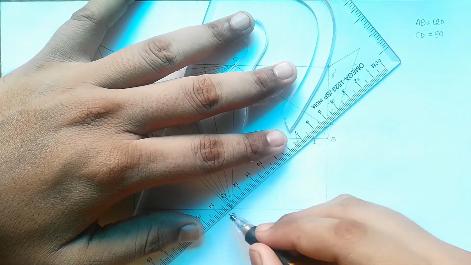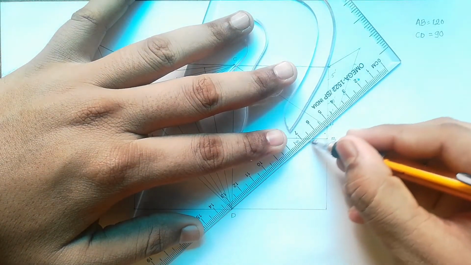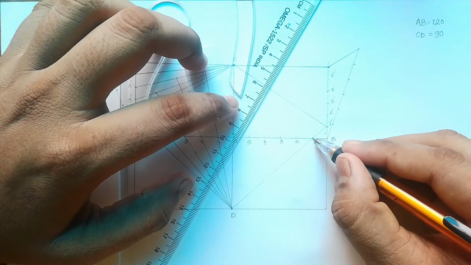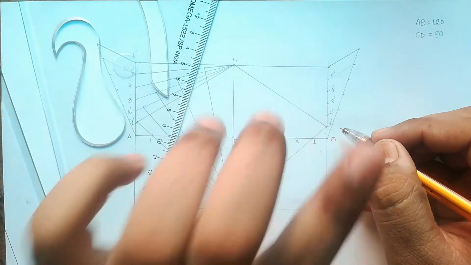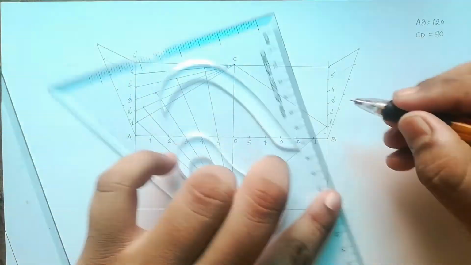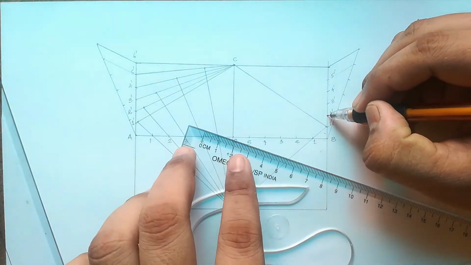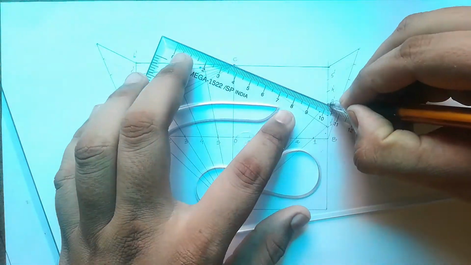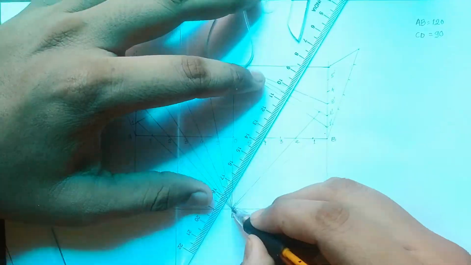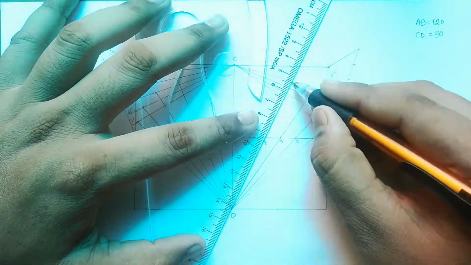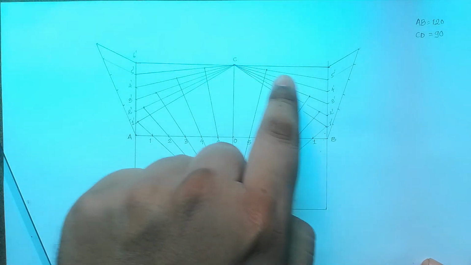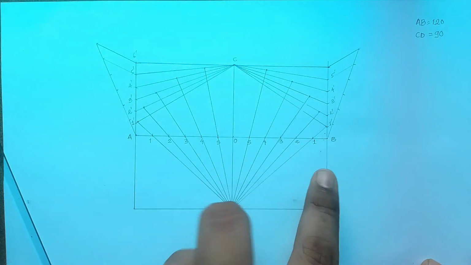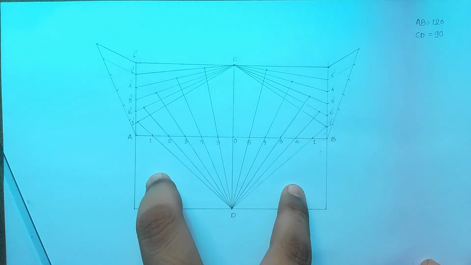I need to draw one line that is passing through point 1 and intersecting the line C1 dash. I will do the same thing for the second point. So these are the points received in the second rectangle also. In the same way we will do the same thing for the third and the fourth rectangle.